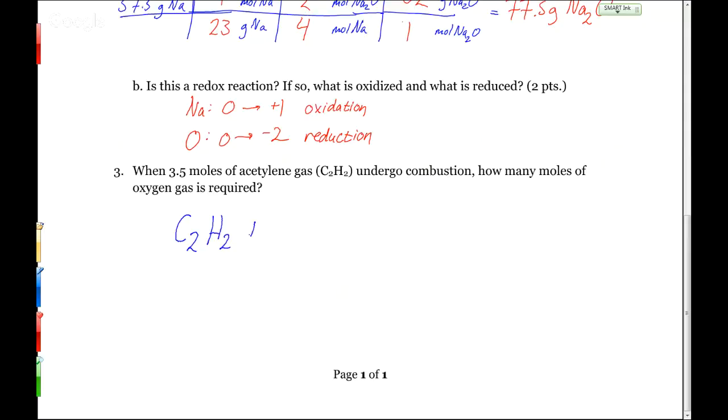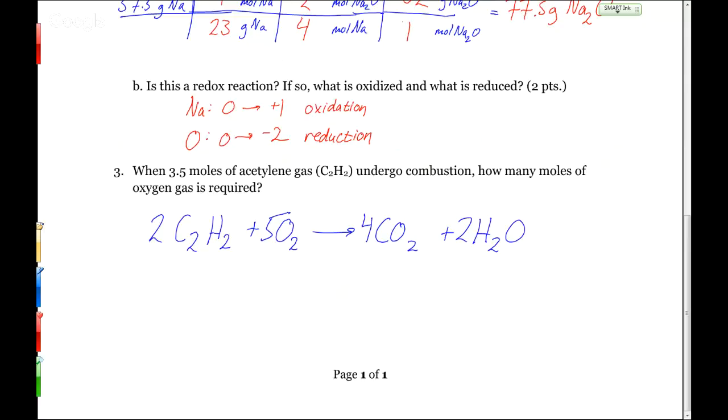So combustion, we know, is reaction with oxygen. And what are the products of combustion? CO2 and H2O. Yeah, CO2 and H2O always. So we can write that equation. It is not balanced. To balance it, we're going to go 2, 4, 2, and 5.